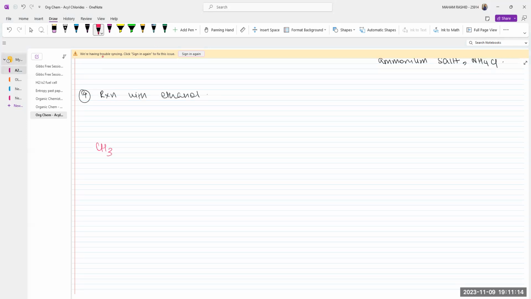Now I'm going to move really quick because we've already done 4 of these. Now here an ester will form, right? Because this breaks off. Yeah. Cl breaks off. From this, H breaks off, O, right? breaks off.